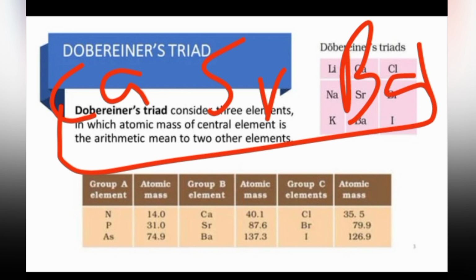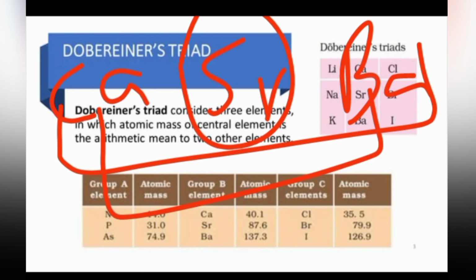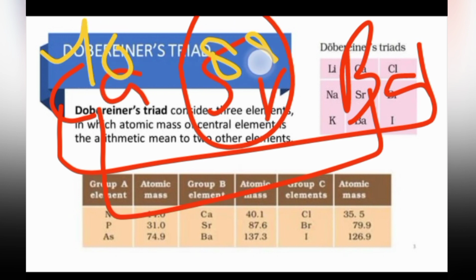So now let's see first of all if this is fulfilling the conditions laid down by him. That is, the atomic mass of the middle element, strontium, should be equal to the mean of the atomic masses of the limiting elements, barium and calcium. The atomic mass of calcium is 40, strontium is 88, and barium is 137.